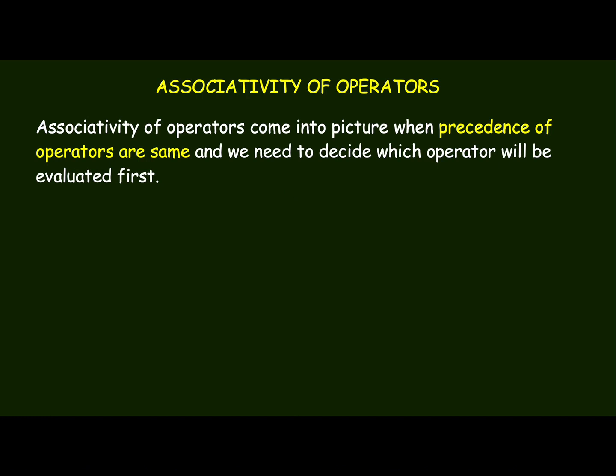Let's take an example. This is our expression: 10 divided by 2 multiplied by 5. So we have two operators here, and these two operators have the same precedence. They are equal. Their ranks are equal. So which one do we treat first? This is where associativity comes in.